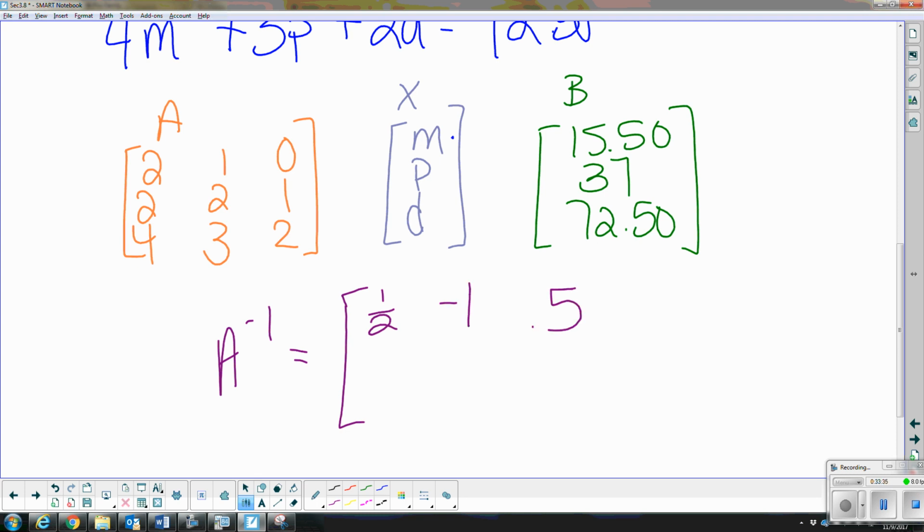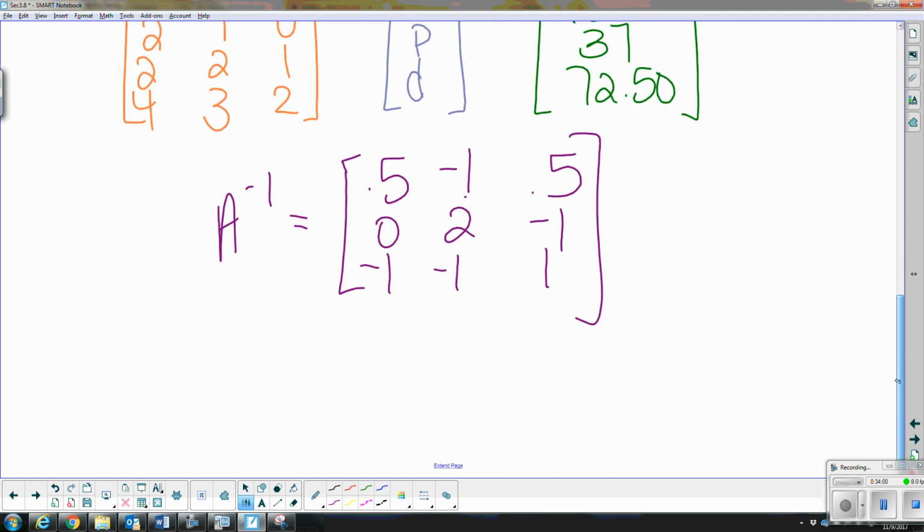And actually for this one, we're using dollars, so it does make sense to do it in decimal form. So 0.5, which is like 50 cents, -1, 0.5, 0, 2, -1, and -1, -1, 1. That's our inverse matrix.